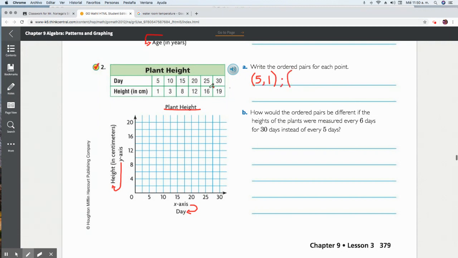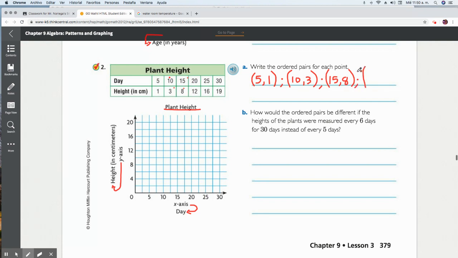Then our next ordered pair would be day 10. How tall was our plant on day 10? 3 centimeters, so 3 is our second number. Our third ordered pair would be 15 for the day. On day 15, the plant was 8 centimeters tall.